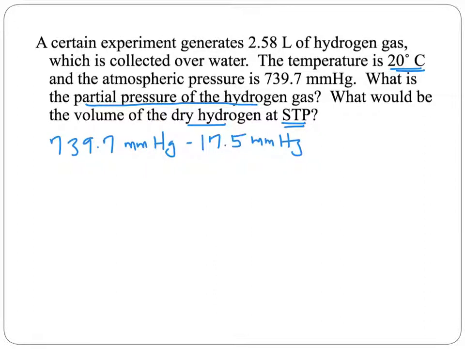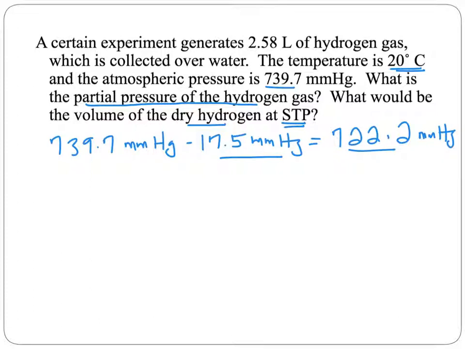So you use that reference to get your value for your vapor pressure. And so if you do this math, you find that the partial pressure of the hydrogen gas is 722.2 millimeters of mercury. So out of the total of 739, 722 was because of the hydrogen gas in there.